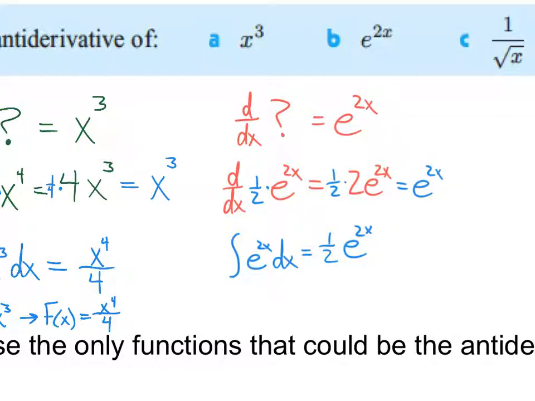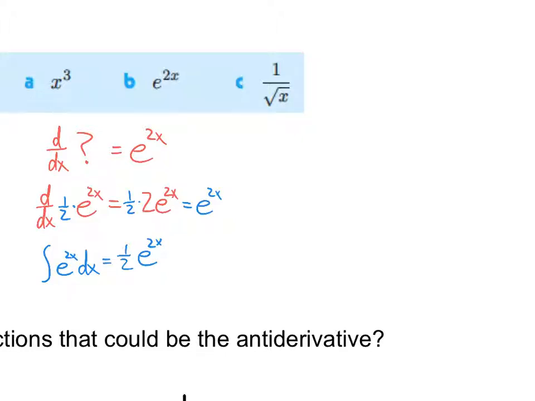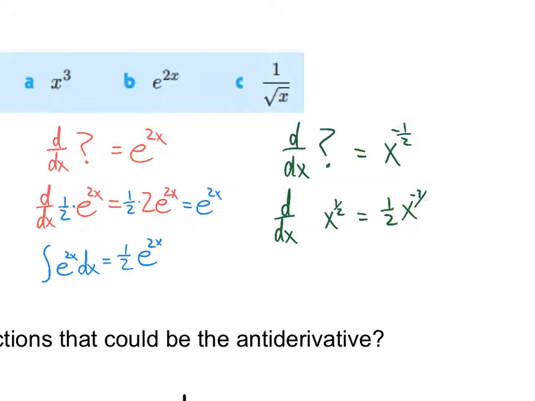Let's do one more. We have here the derivative of what would equal, and I'm going to rewrite this as x to the negative 1/2. So you're thinking about x to the 1/2. The derivative of x to the 1/2 is 1/2 x to the negative 1/2.